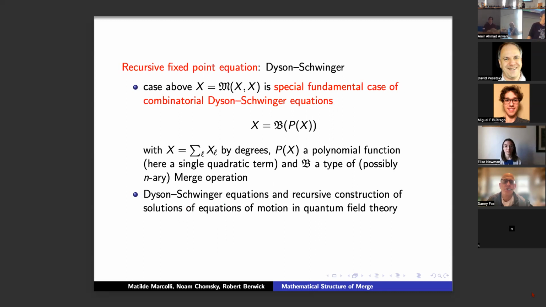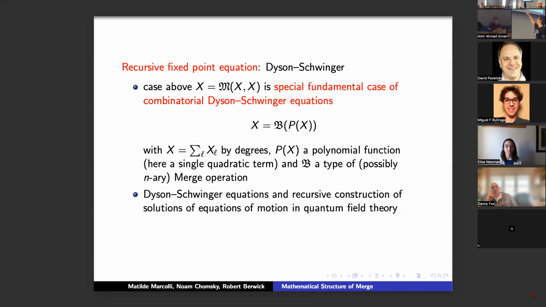basic fundamental case of something that is called the Dyson-Schwinger equations, combinatorial Dyson-Schwinger equations in physics. And they are all described in this way, as formal fixed point equations, where you have some kind of polynomial functions. In our case, it's just a quadratic function, but it's like some polynomial function in a formal variable x that has several degrees.